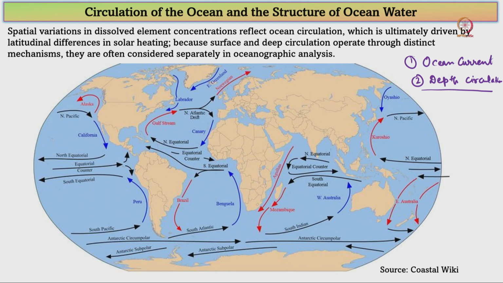So, this kind of ocean circulation is driven by the difference in solar heating or insolation, the unequal heating, and also because of depth circulation, there are distinct mechanisms happening, and for every element, not only the group of elements that we can talk about.